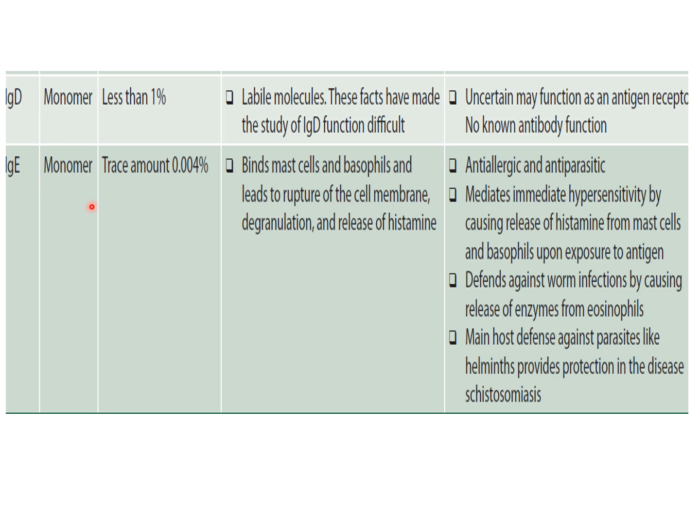Then IgE is found in trace amounts, around 0.004%. It binds mast cells and basophils and leads to rupture of the cell membrane, degranulation, and release of histamine. It is anti-allergic and anti-parasitic, mediates immediate hypersensitivity by causing release of histamine from mast cells and basophils upon exposure to antigen.